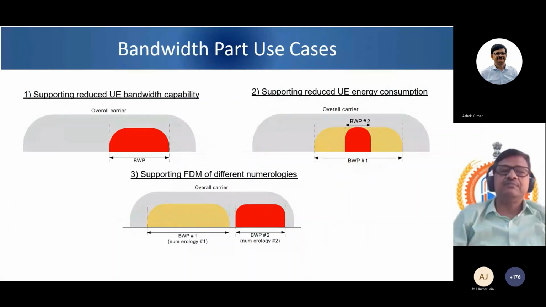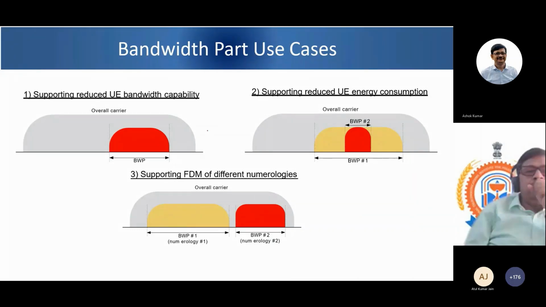So let us look at some use cases of bandwidth part. First use case: although you have an overall carrier bandwidth of 400 megahertz, you can design a UE of lesser bandwidth, maybe 5 megahertz. This is very important for IoT devices.